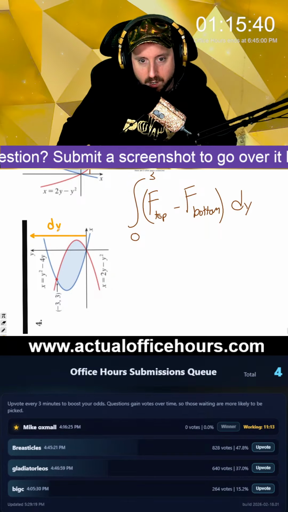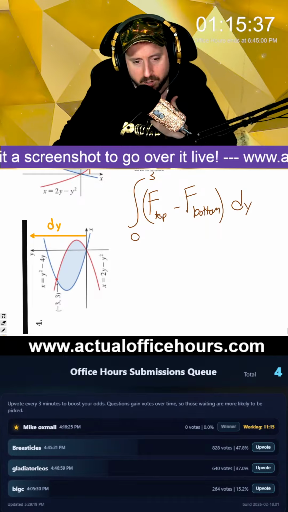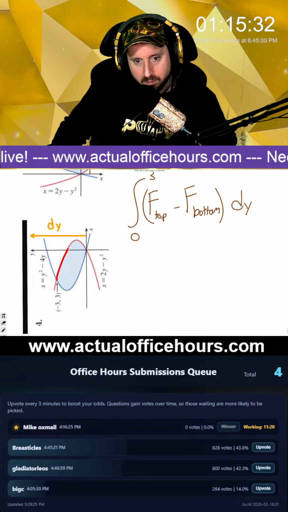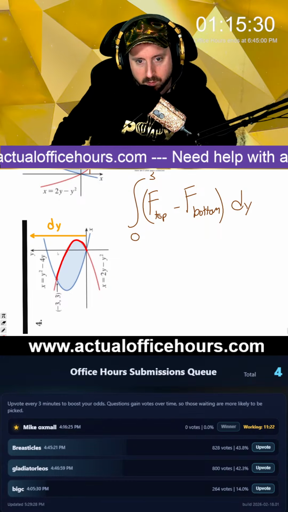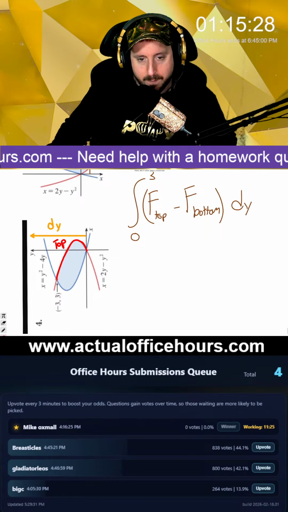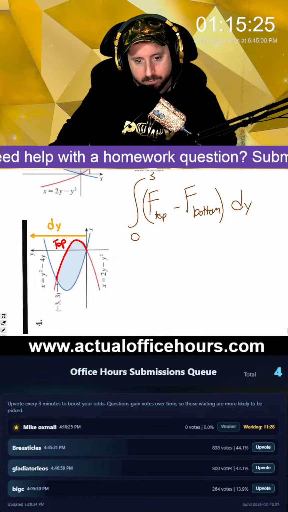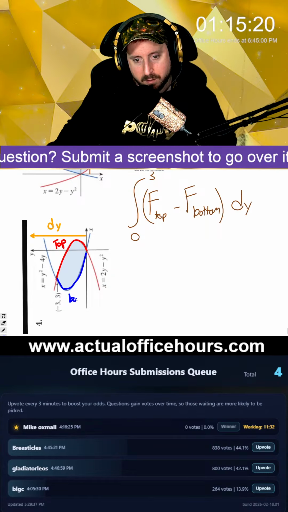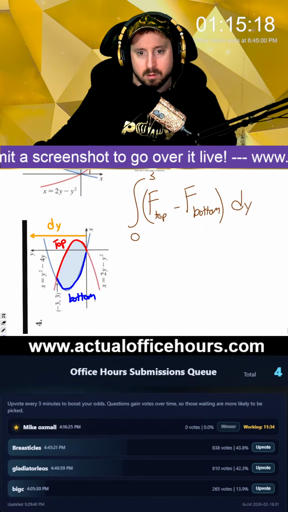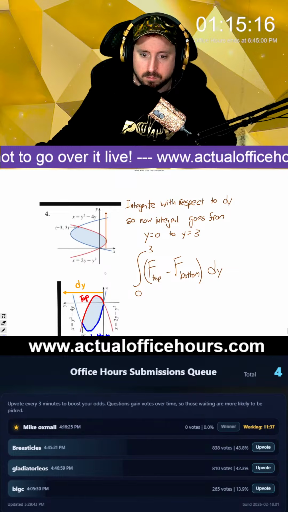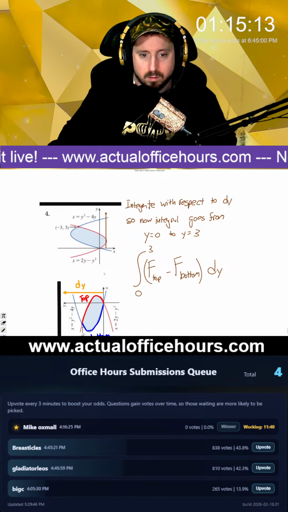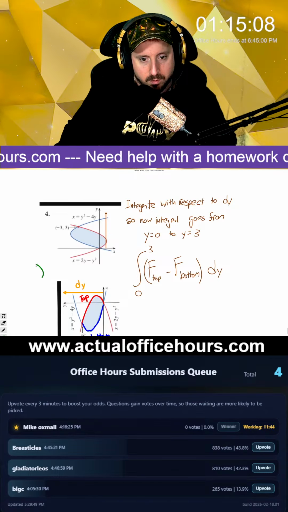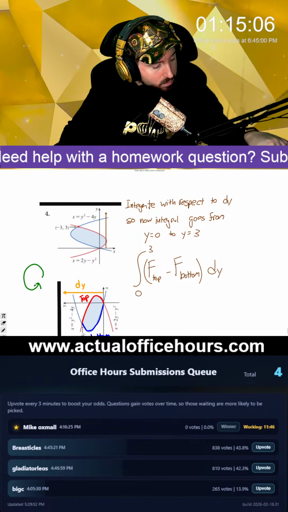Okay, so this is dy. So the top function is now the red one. Top. Bottom. So then, how did we rotate this again? Rotate.